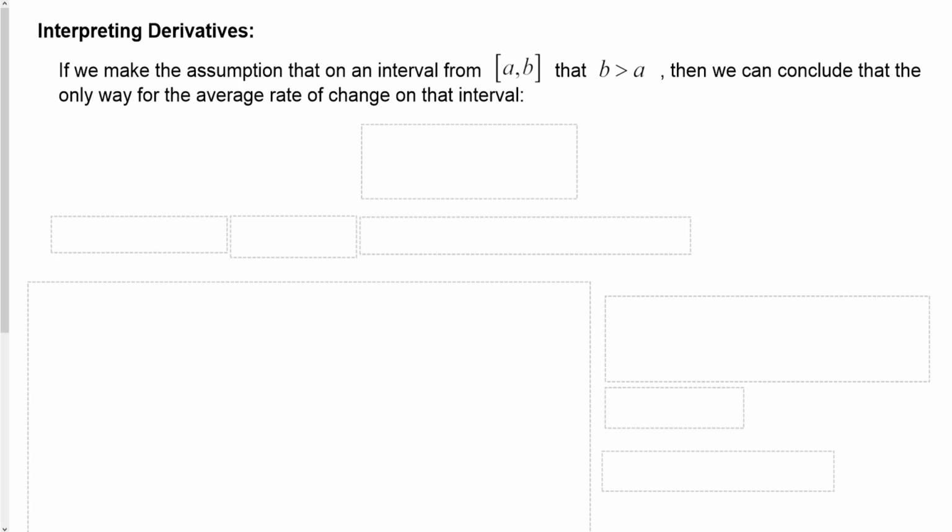And because of that, if we look at the formula for an average rate of change on an interval, the average rate of change of some function would be f of b, the endpoint, minus f of a, the starting point, divided by b minus a.